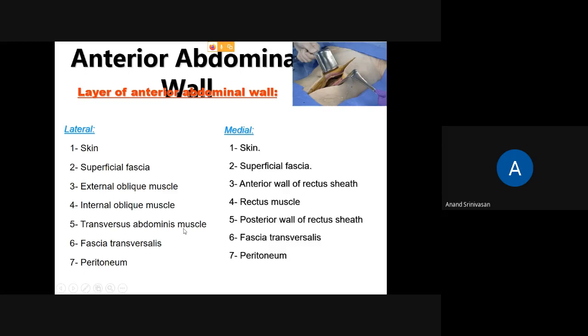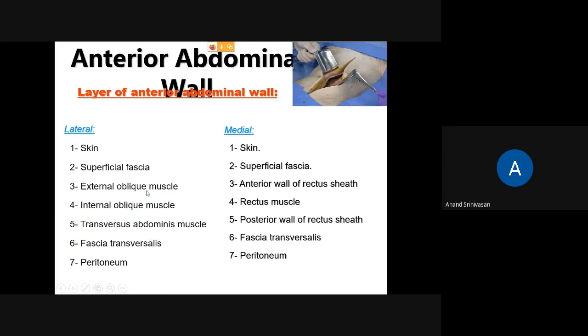Next to the transverse abdominis muscle, there is a fascia called fascia transversalis, or transverse fascia. And finally, the peritoneum, inside which the organs are located. So this order you need to remember.